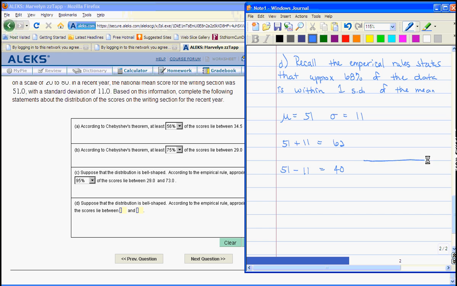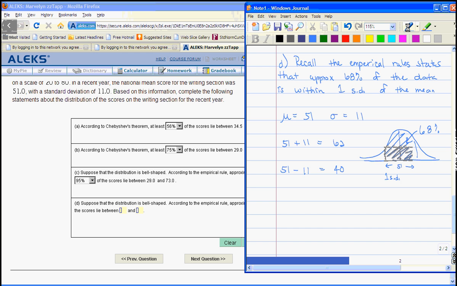So again, if we're a little bit visual, what's happening is we have our bell-shaped data. Here's our mean in the middle, 51. We know that whatever is contained in here is 68%. But according to the empirical rule, that means I go 1 standard deviation this way and 1 standard deviation that way. Let me say 1 standard deviation instead of sigma.